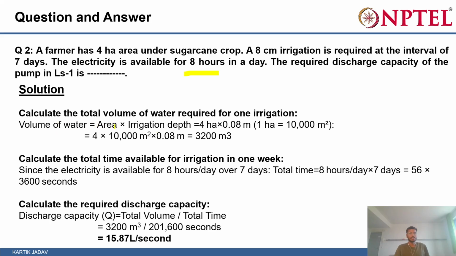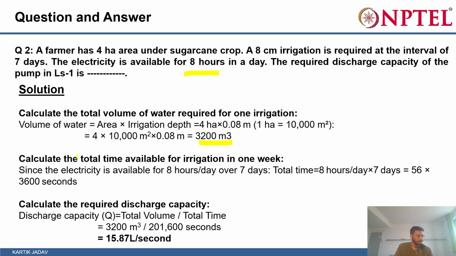So we know that total volume of water required for one irrigation is equal to area into irrigation depth. So it will give us the volume required. So it is 3200 meter cube.